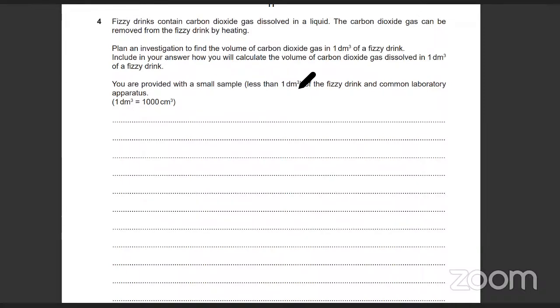So what will you do now? Let's say you take a 100 cm cube sample of fizzy drink and put it in a boiling flask, since it has to be heated. Keep it in there and heat gently.